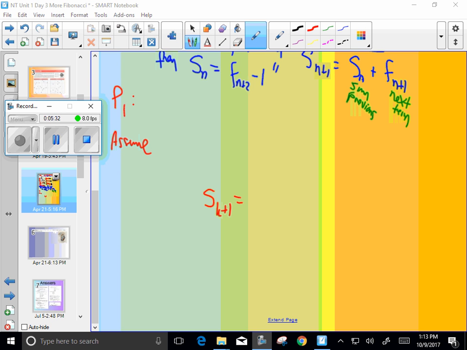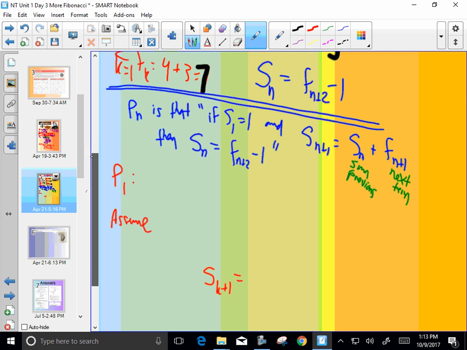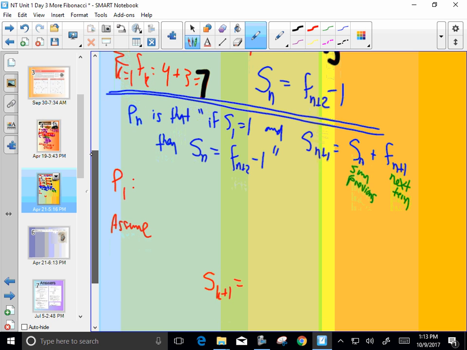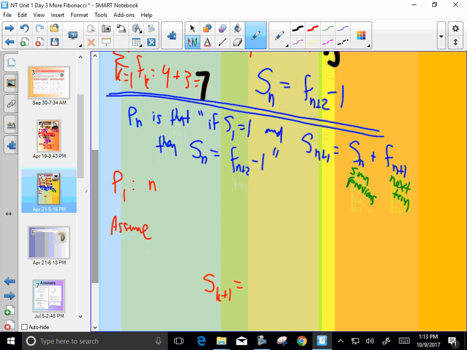Let's just do it together. Put that P of 1 in. So when we did P of 1, what happens? When we have n equal to 1, the sum of 1 should be what? 1. And if you go sum of 1 is equal to f of the third term minus 1.